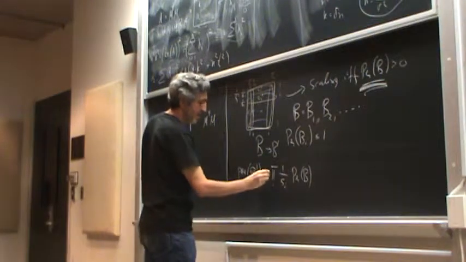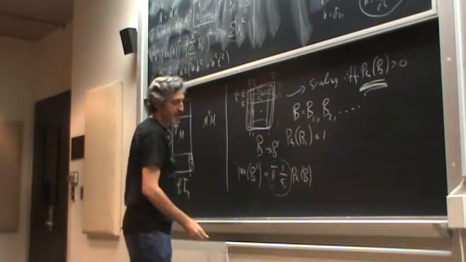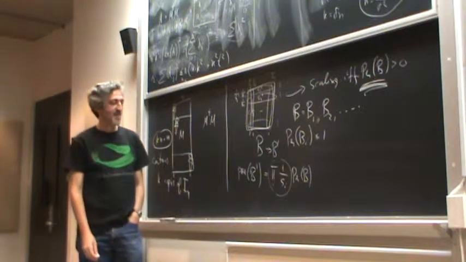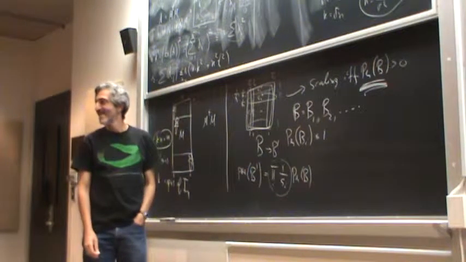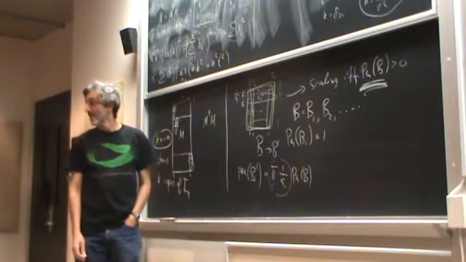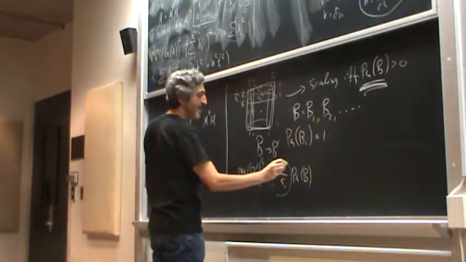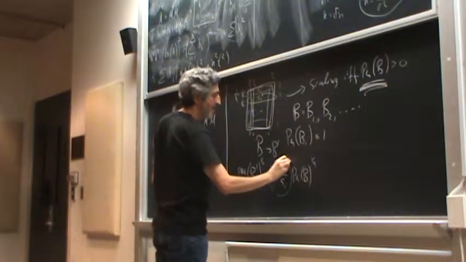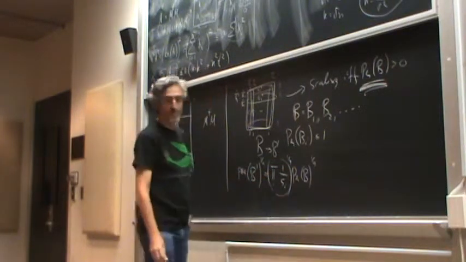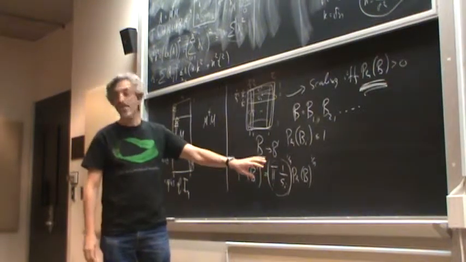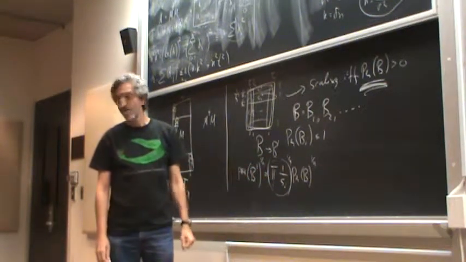But does this expression ring a bell? What bell does it ring? Yeah, maybe if I wrote 1 over n here, 1 over n here, and 1 over n here, it would ring the bell more loudly. So this is a geometric mean. A geometric mean is at most the arithmetic mean.